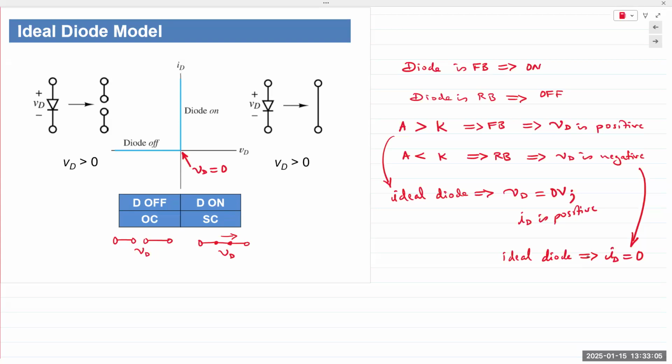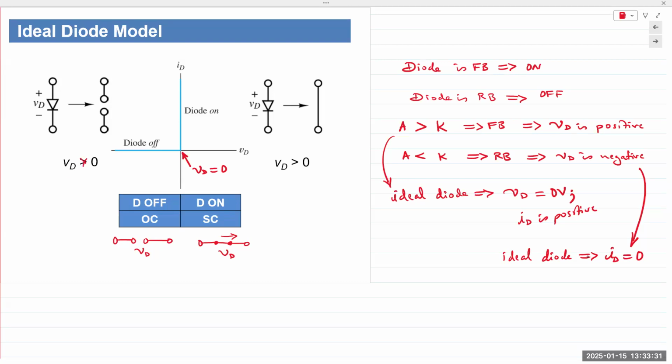Let's take a pause. Let me know if you have any questions. Yes. Diode is off, that is absolutely correct.